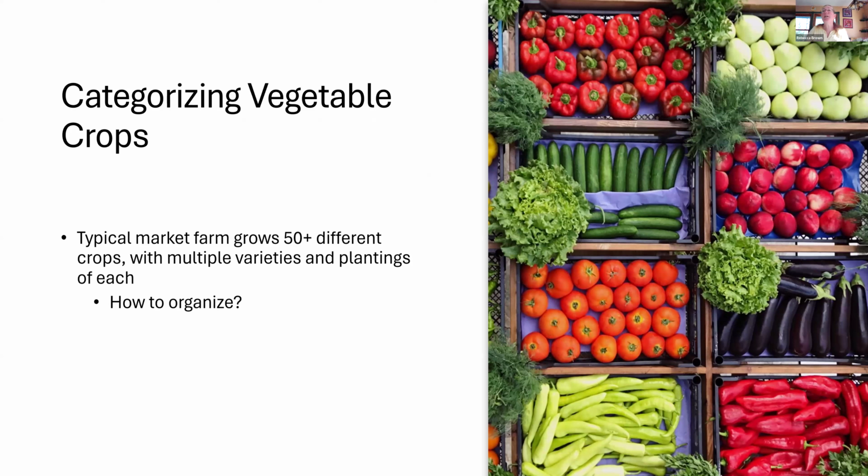So this is really, really complex. If you think about commodity agriculture, most of those farmers are growing 1 to maybe 3 different crops if you count their cover crop.